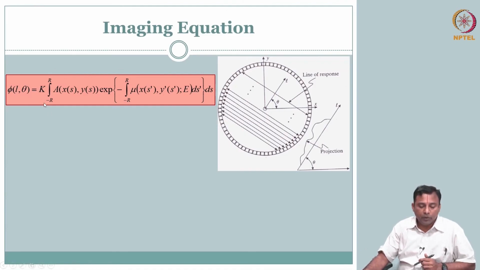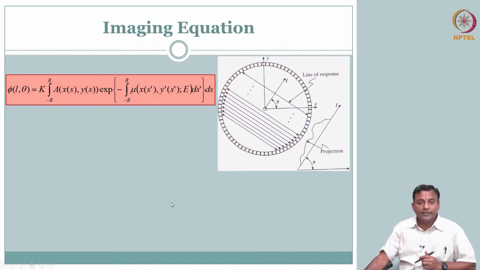But more importantly, you notice you are integrating from minus R to R of A of xs, ys. Instead of N, I have expanded it to the integral of this. Along with N, we had the probability of detection, so there you had the exponential within minus R to R.